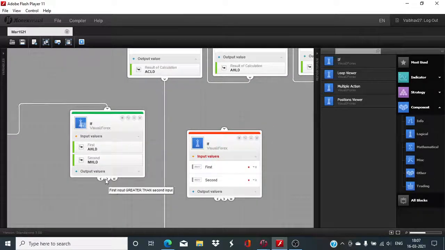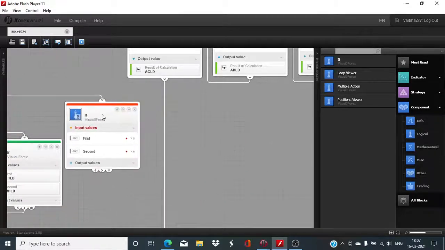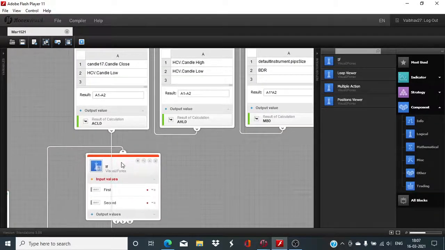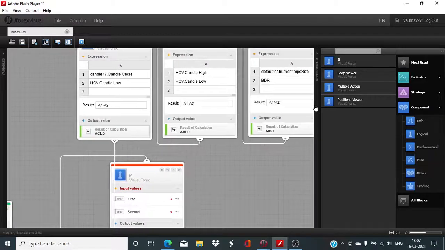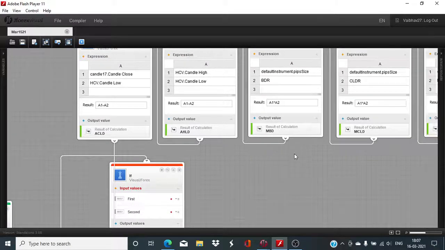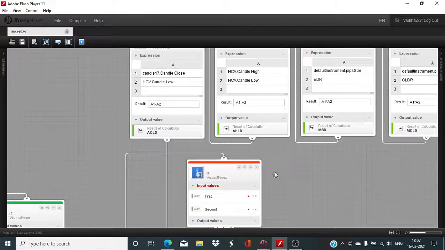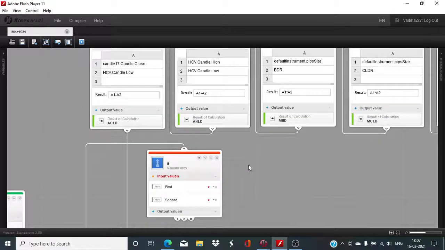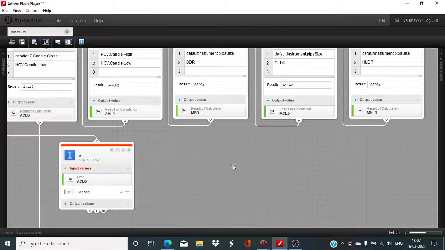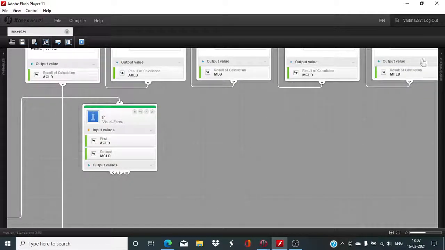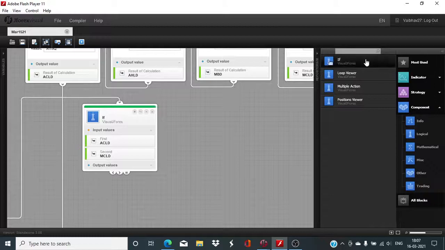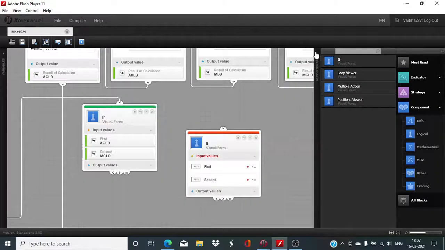And then we want the closing difference for the last hourly candle to be more than 15 pips from the lowest value of the last 4 hours. So for that also we have to look at this and define first input greater than second input.